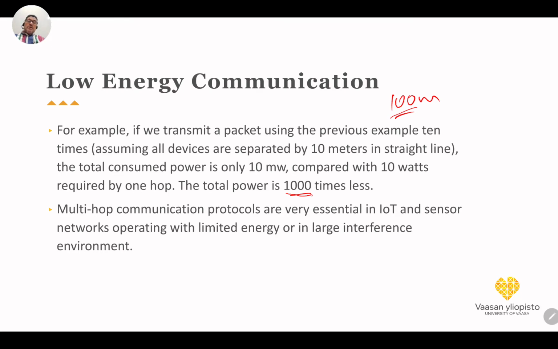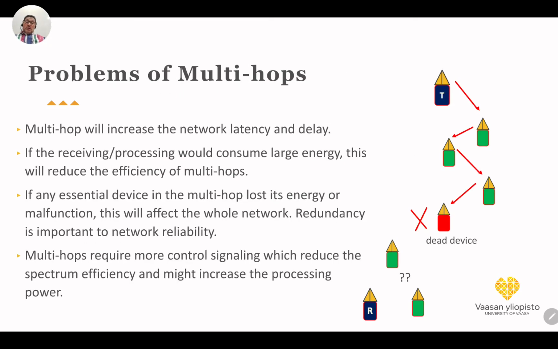So multi-hop is very essential in IoT applications, in social networks, especially in mesh-like topology. Of course, it has problems. For example, it will induce more delay, because transmitting from the transmitter to the receiver in one hop is faster, but now you need to send from terminal to terminal, and so on.